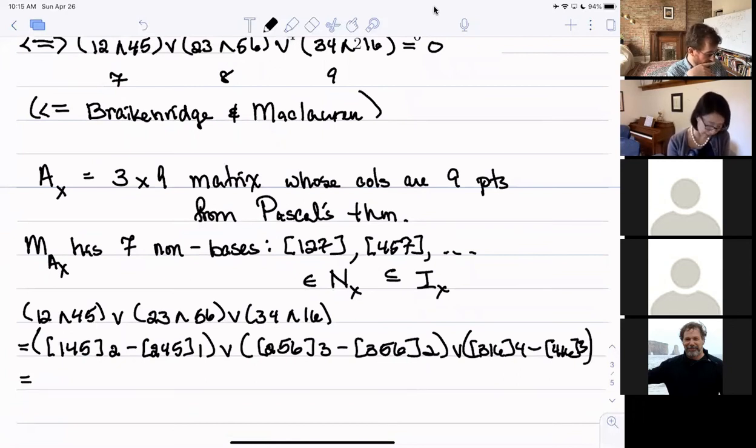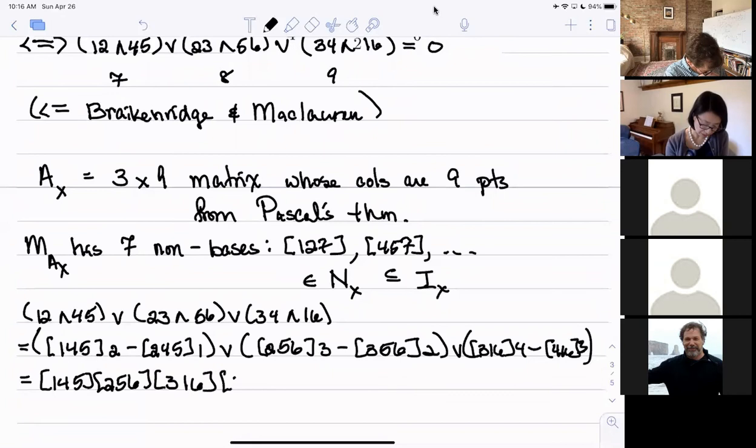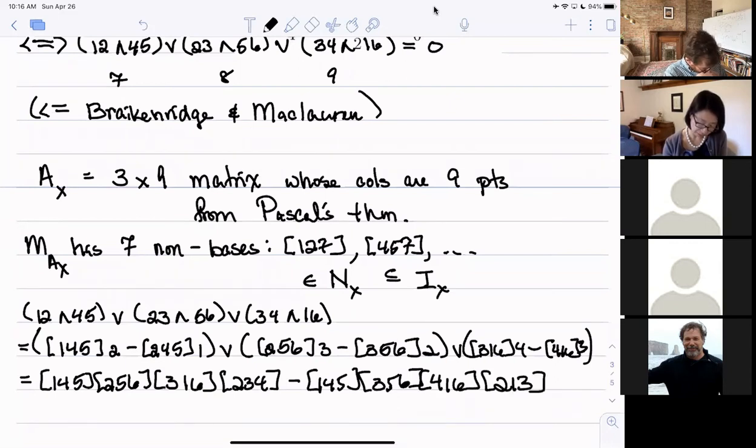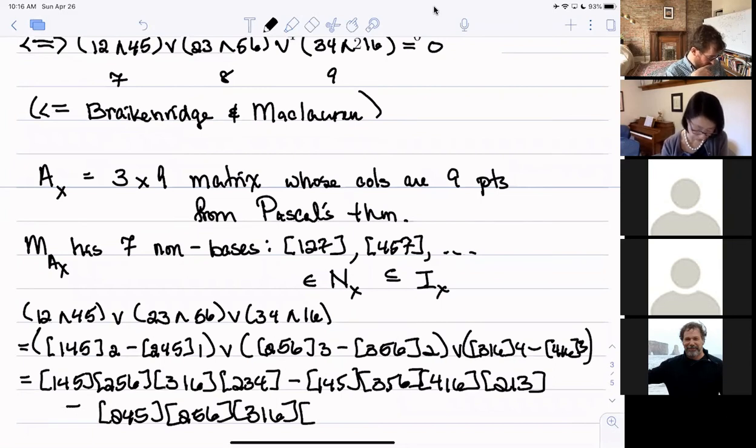I'm going to write it out in its full glory for you. So it's 1, 4, 5, 2, 5, 6, 3, 1, 6, 2, 3, 4. That's its first term. Minus 1, 4, 5, 3, 5, 6, 4, 1, 6, 2, 1, 3. That's the second term. There's only one more term left, so don't worry. And then 2, 4, 5, 2, 5, 6, 3, 1, 6, 1, 3, 4.